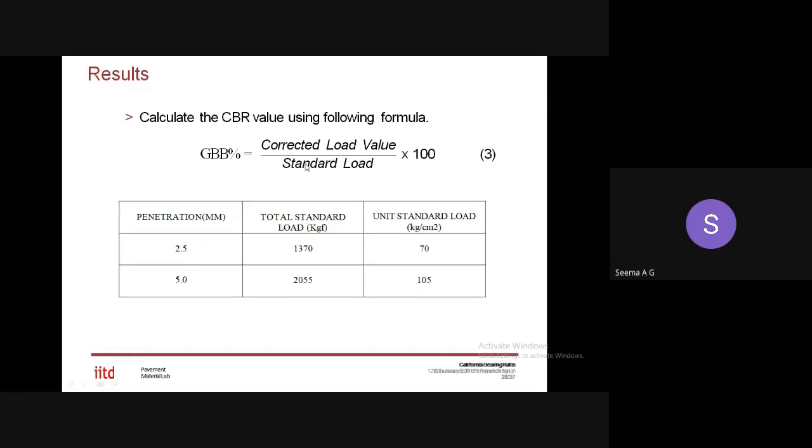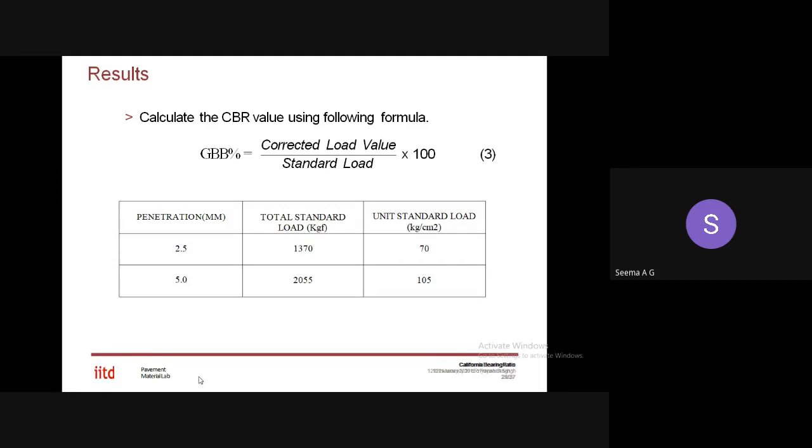For each penetration, suppose you are calculating the CBR value for 2.5 mm, it is the load value corresponding to 2.5 mm divided by the standard load. Standard load is given as per IS specification. For 2.5 mm it is 1370 kilogram force, and for 5 mm penetration it is 2055 kilogram force. So the load value from the graph is divided by the standard load and multiplied by 100, which gives you the CBR value.